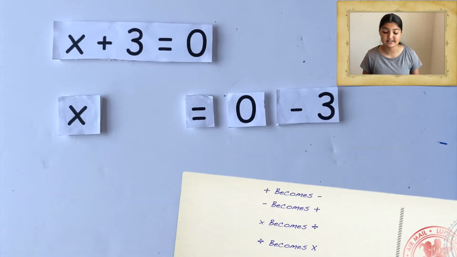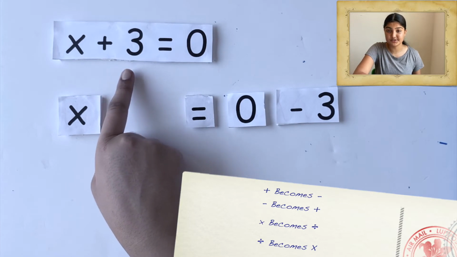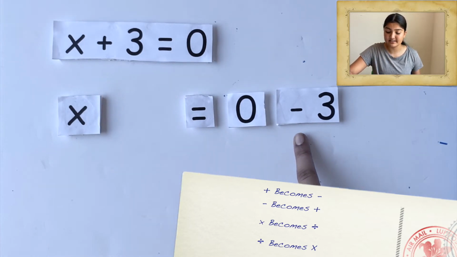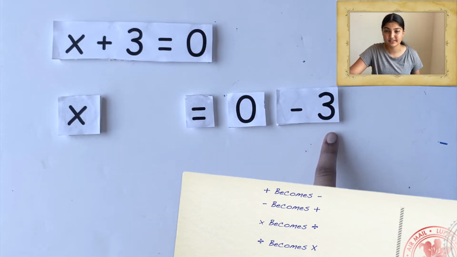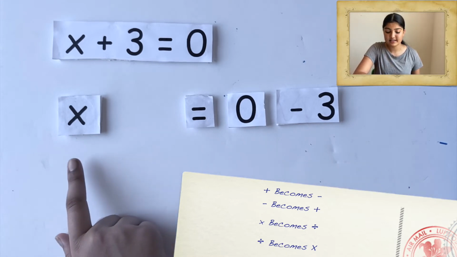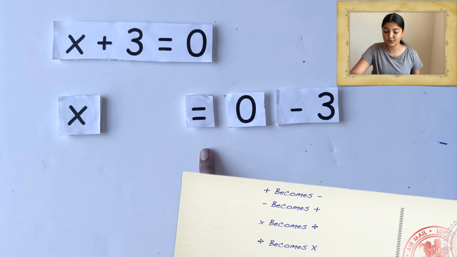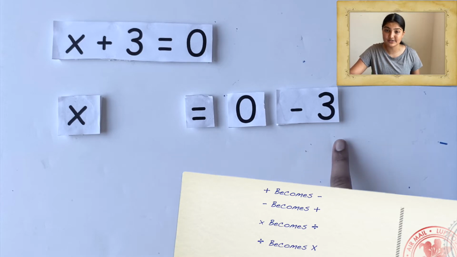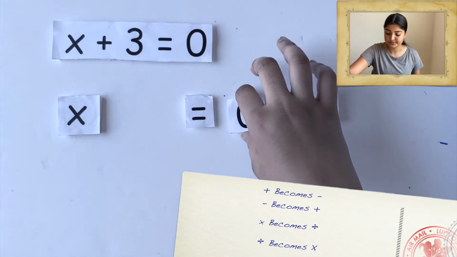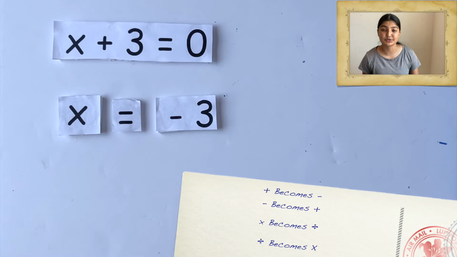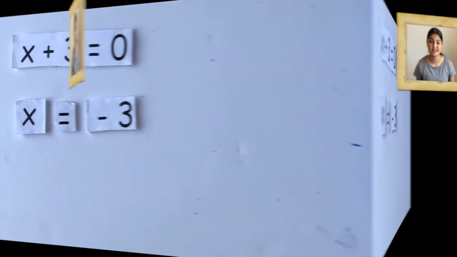In this case, positive 3 became negative 3. So, x is equal to 0 minus 3, or x is equal to negative 3.